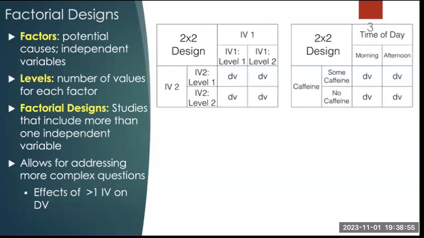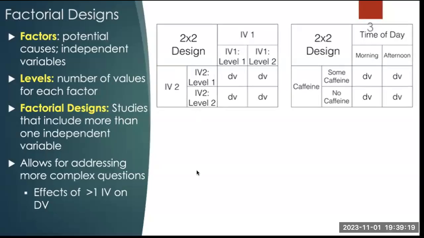So in a factorial design table, on the left you have the independent variable 1, IV1, to the right of the 2x2 sign. And then you simply have IV1 level 1, IV1 level 2. And then you put the information about the second factor over on the side. So IV2 level 1, and IV2 level 2.